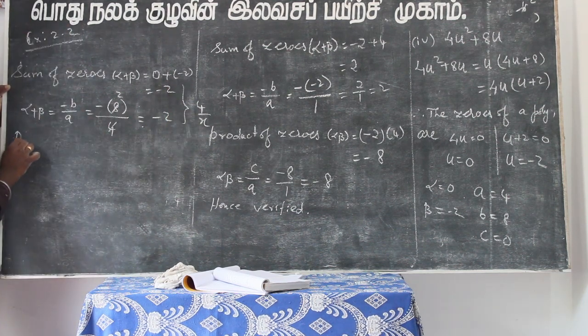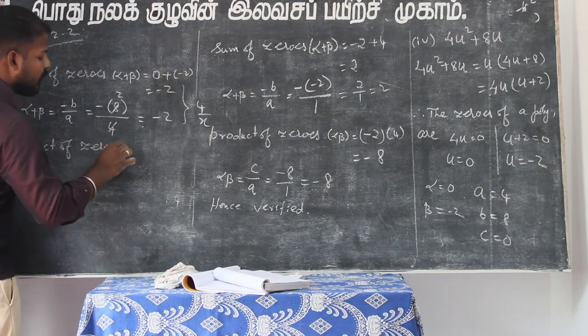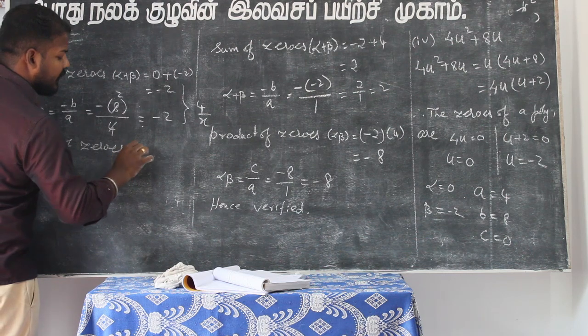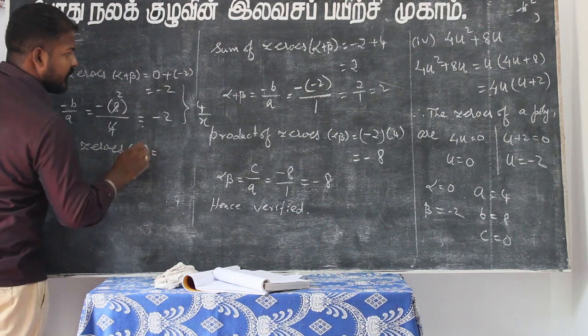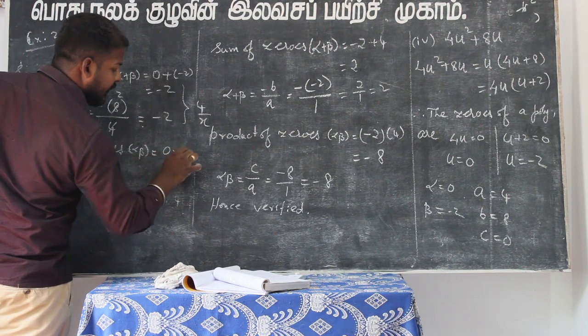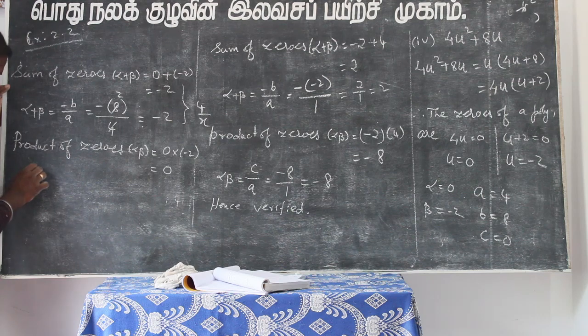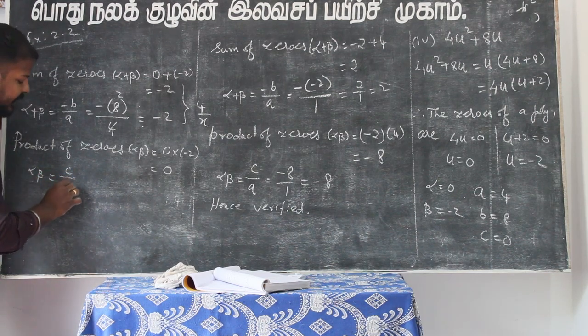Next, product of zeros. Alpha into beta. What is your alpha? 0. 0 into minus 2. But 0 into anything, you will get 0. Now with the coefficients, alpha into beta is equal to c divided by a.